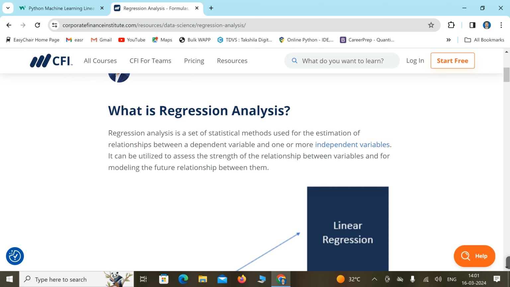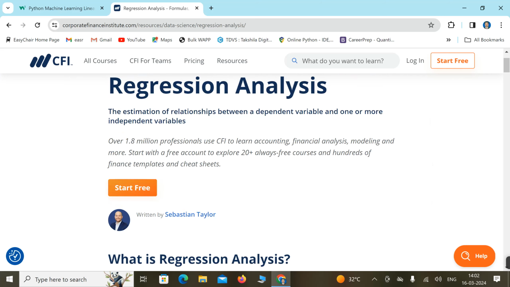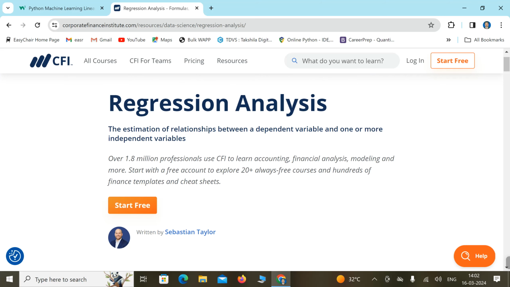Regression analysis is a set of statistical methods used for estimation of the relationship between a dependent variable and one or more independent variables.